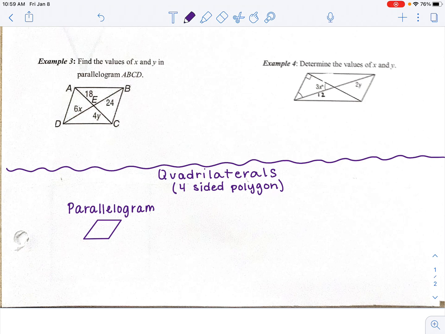We're going to learn about the different properties of this parallelogram and what it encompasses. Now the parallelogram has other things in its family. Some other things in its family are the rectangles, the rhombuses, and the square.